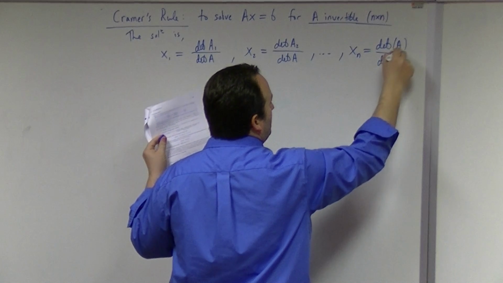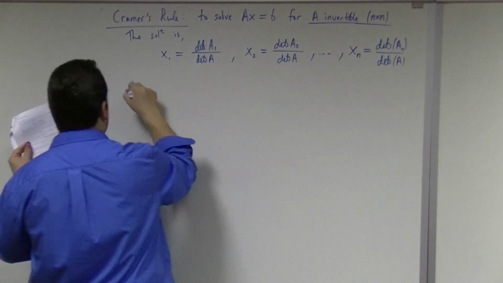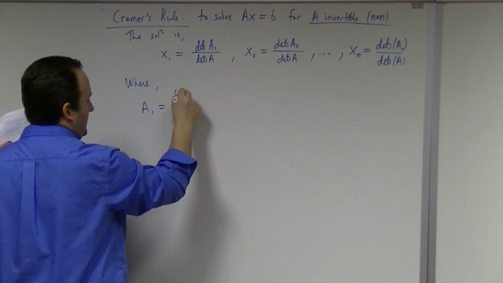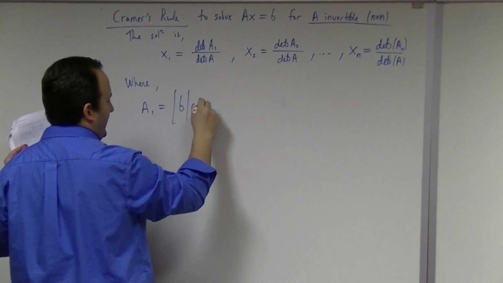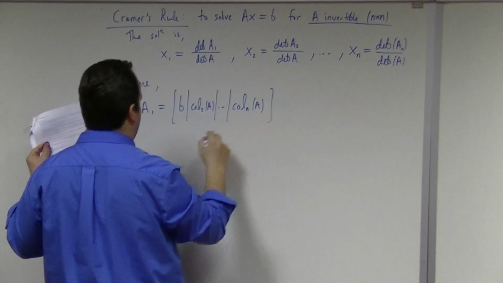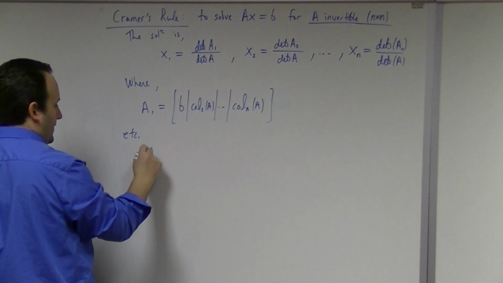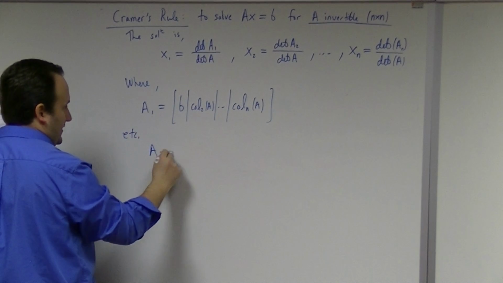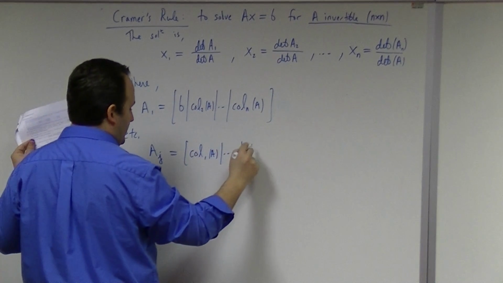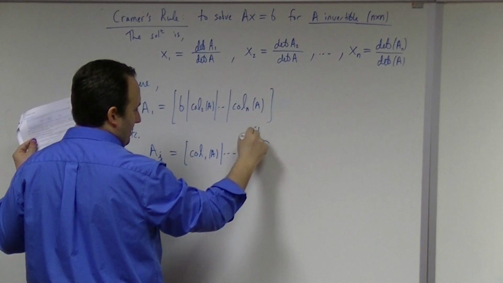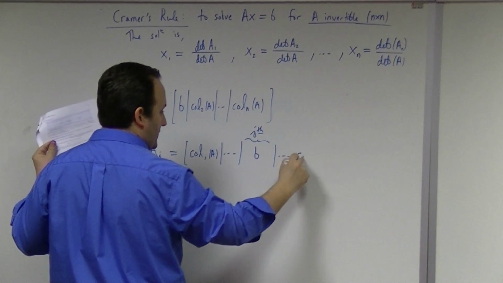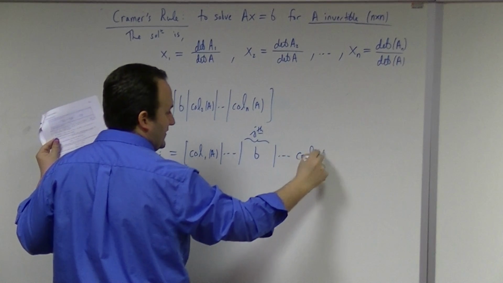So A1, for example, is B, and then column 2 of A, column n of A, and so forth. A sub j would be, you take column 1 of A, and so on until you get the jth column. And then in the jth column, you stick B. And then you just leave the rest of the coefficient matrix unaltered.